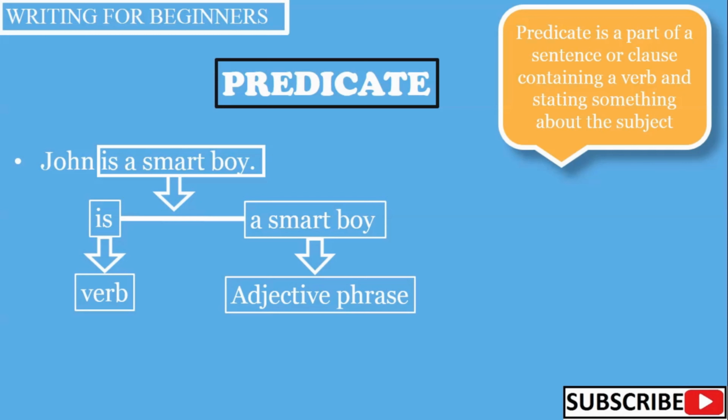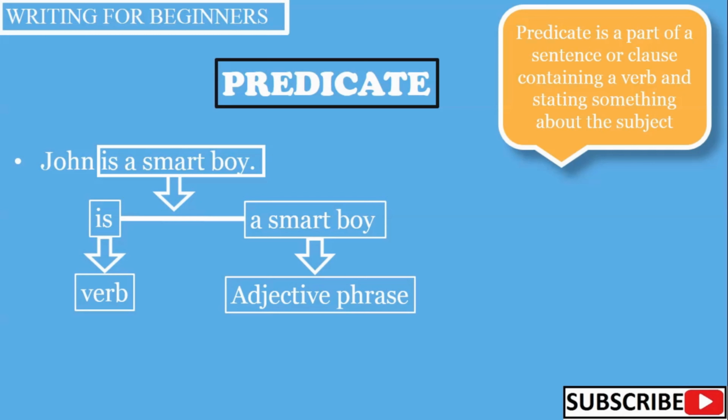Yes, "is a smart boy" is a part of the full sentence. Or clause, containing a verb. Yes, we have the verb "is", and stating something about the subject. A smart boy. Who is the smart boy? John. So it is stating about the subject. So we have proved that this definition is appropriate for predicate.